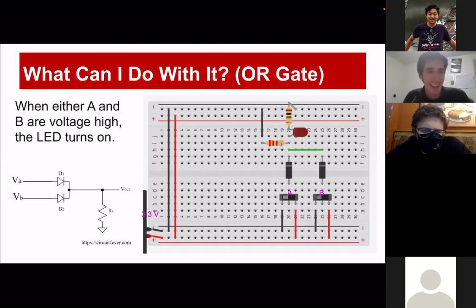That was incorrect. If they're both off, then nothing is flowing into V out because there's no input current. If one of them is on, then something is flowing to V out. And if both of them are on, then something's flowing. If only B is on, then it's flowing. And you can look at that in the bottom left diagram. That little open triangle is ground.